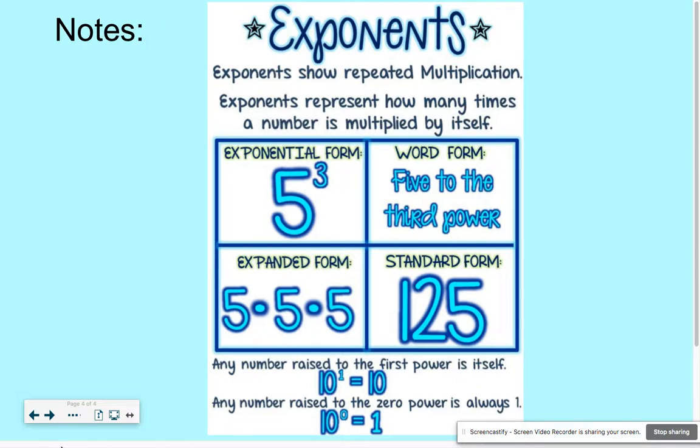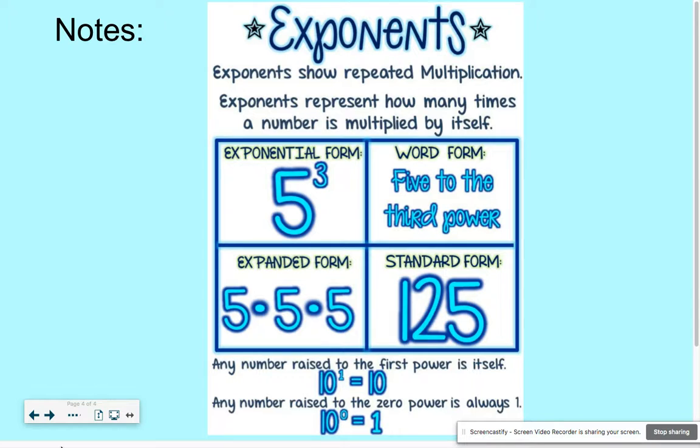Some reminders. This is a good time to take some notes in your notebook. Stop the video, pause it, make sure that you can get it all down so that you can remember these. Exponents show repeated multiplication. So just like multiplication is repeated addition, exponents are repeated multiplication.